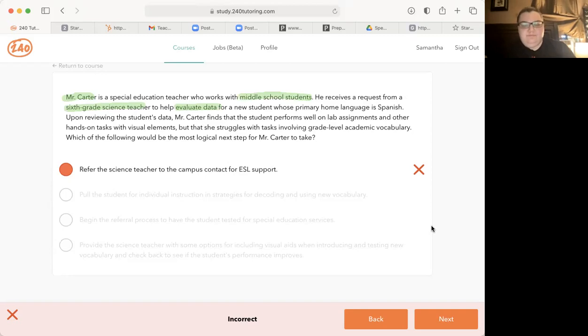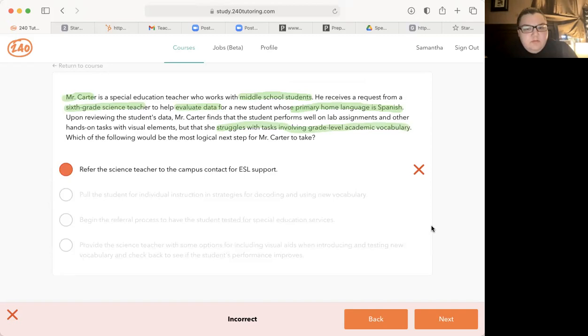Okay, so primary home language. Upon reviewing the student's data, Mr. Carter finds that the student performs well on lab assignments and other hands-on tasks with visual elements, but that she struggles with tasks involving grade level academic vocabulary. So that's CALP, cognitive academic language proficiency.